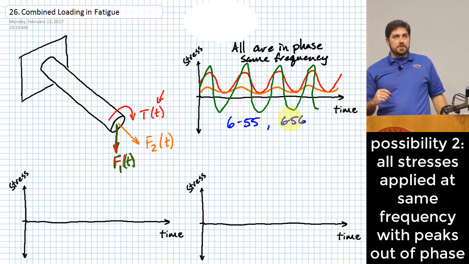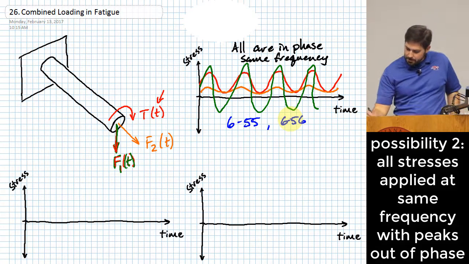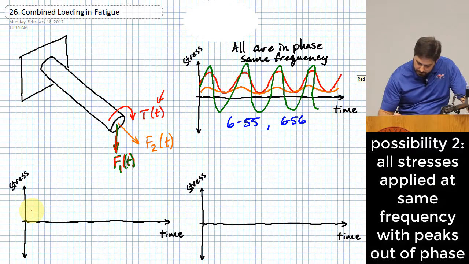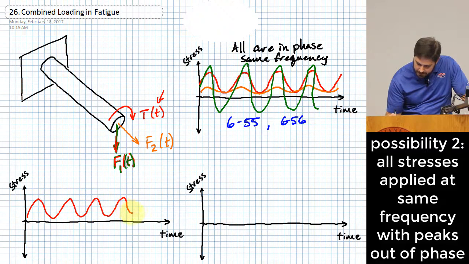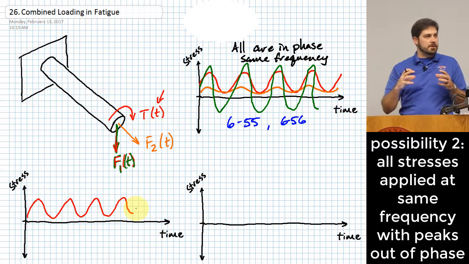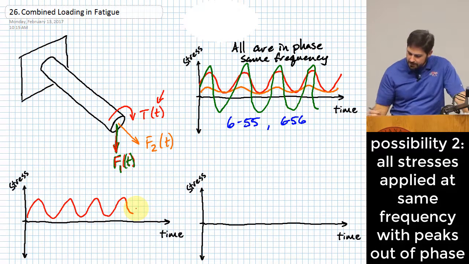Okay, well, let's look at another possibility. Another possibility is that the peaks don't line up. It's possible that you could have some stress that's due to the torque. So it's like a pulsating torque that happens on there, and it creates this shearing stress over time.